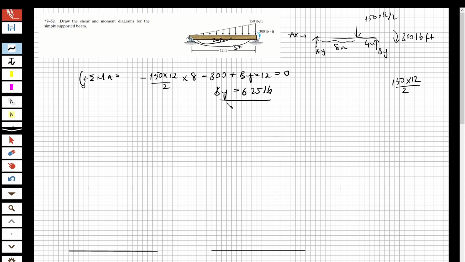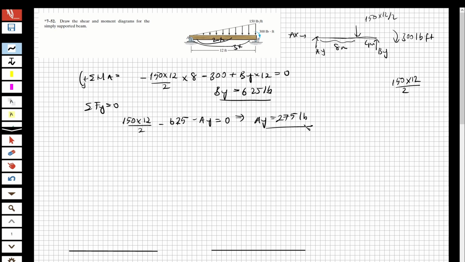So now we have BY, and from the total Fy equation, total Fy is equal to 0. It's going to be 150 multiplied by 12 over 2 minus 625 minus AY equal to 0, and from this equation I'm going to obtain AY as 275 pounds.